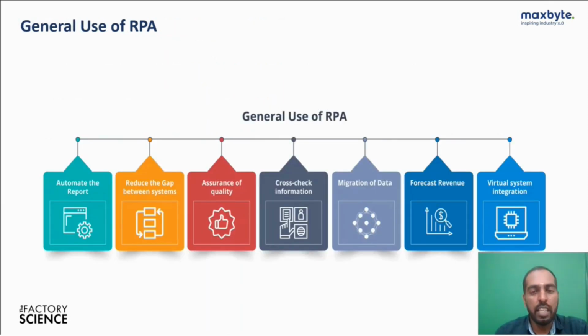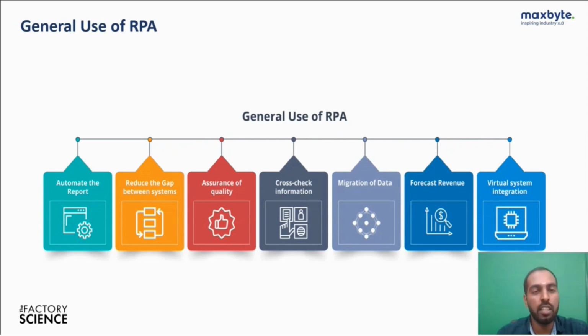So these are all the general use of RPA: automate the reports, reduce the gap between the systems, ensure the quality assurance, cross-check the information that is already gathered or exported, migration of data from one server to another server within or outside organization, forecast revenue data, virtual system integrations.